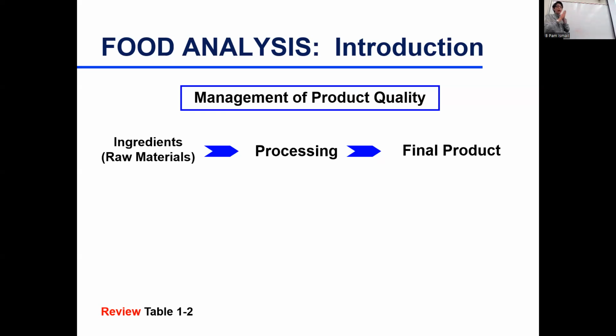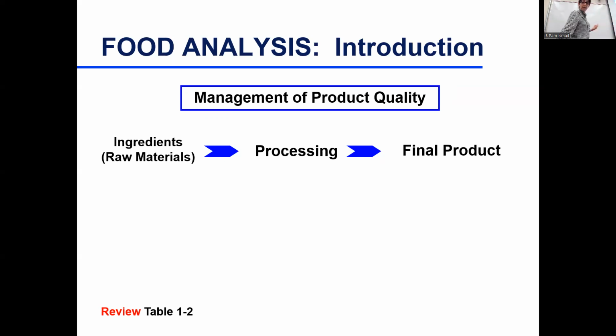So analysis happens across the entire chain of events, starting from acquiring raw material, or we call them just your initial ingredients, and then through processing, and as well analysis on the final product.